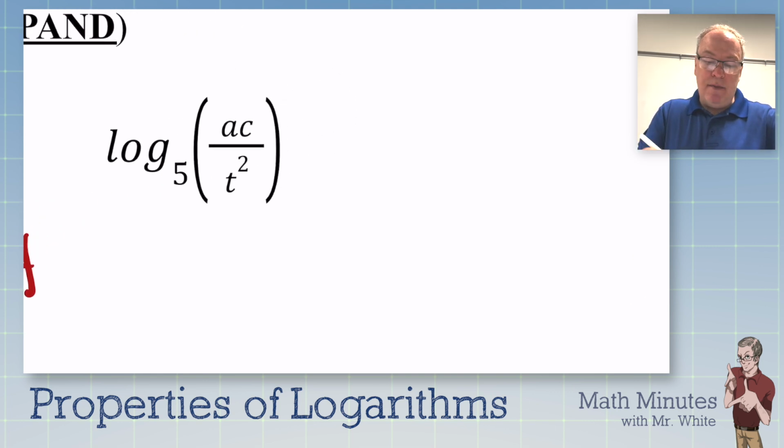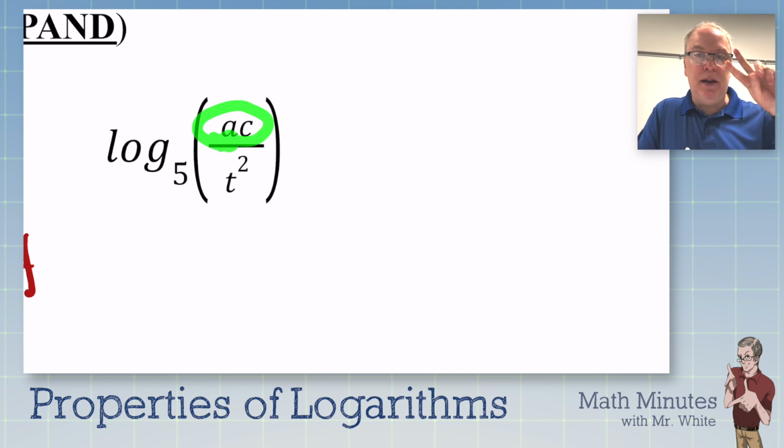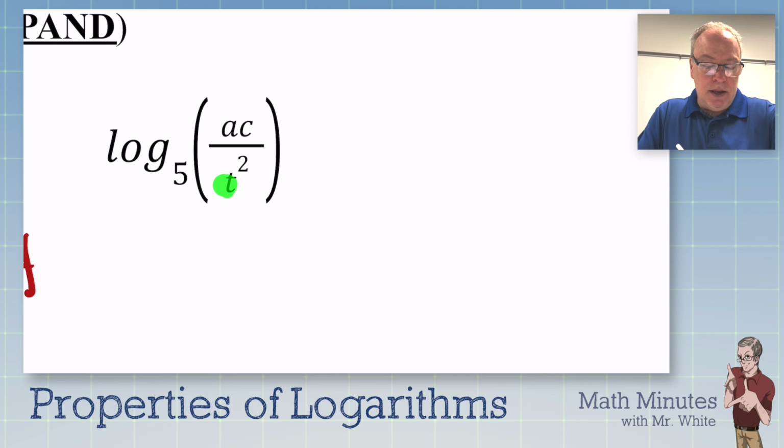Let's survey what we have on this next problem. We have a product on the top, right? We have a couple variables. They're both on the top. So those are going to be separated in 2 logs with a plus sign. And then we have a variable on the bottom, and that variable has an exponent.